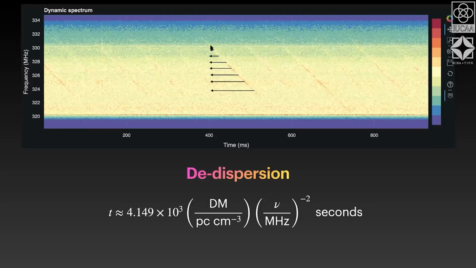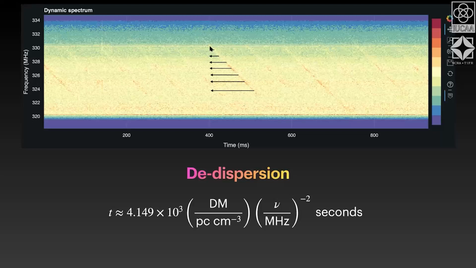What you can do is pick a high enough frequency. Yeah, so you have this expression, which is for a particular frequency, the delay with respect to infinite frequency. But you can take two different frequencies and write the same expression, and since you have a rough value of the DM from the task that we did earlier, you can substitute that here and find the expected delay between any pair of frequencies, right?